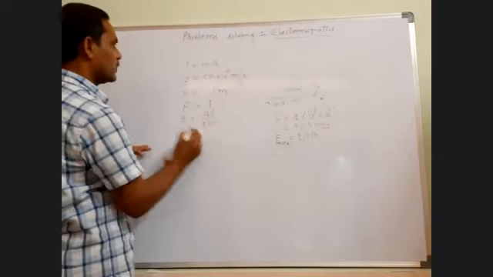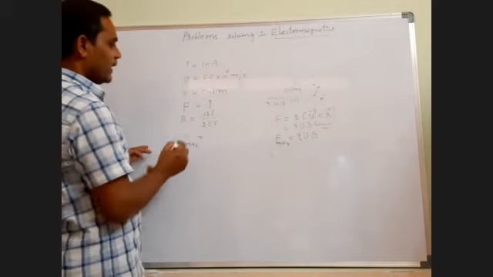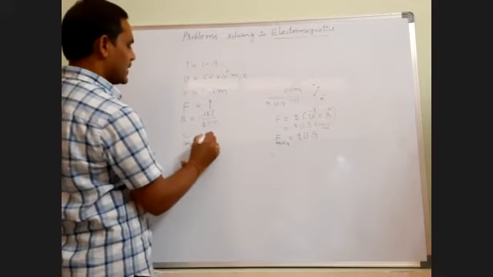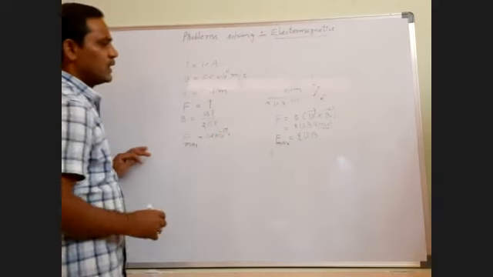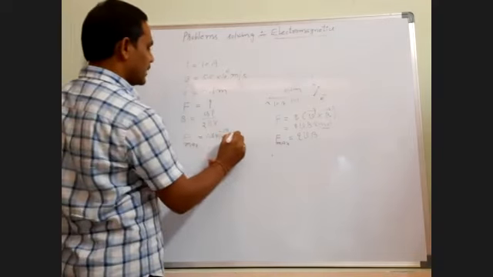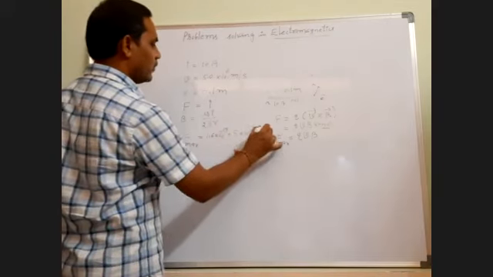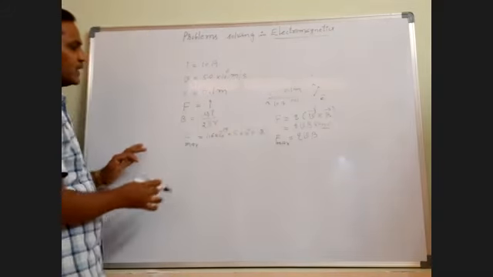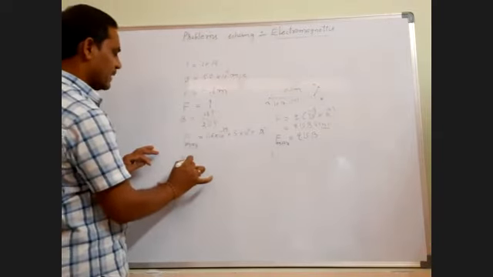That equals QVB. Q, how much? Electron charge 1.6 into 10 power minus 19. The speed of the electron is 5 into 10 power 6, into the B value, which we have to substitute. So for that, using this formula, first let us calculate the B value.